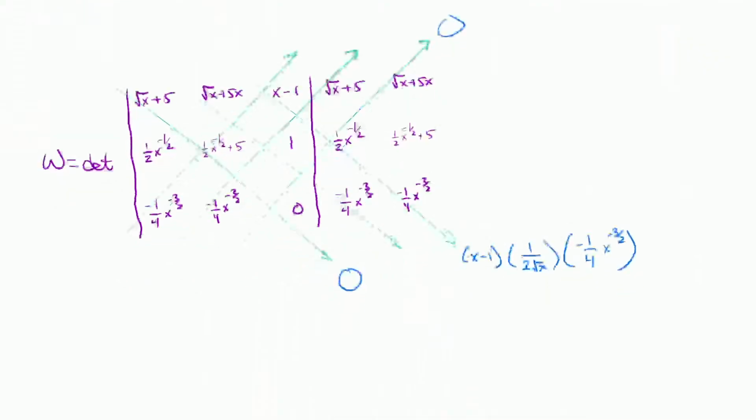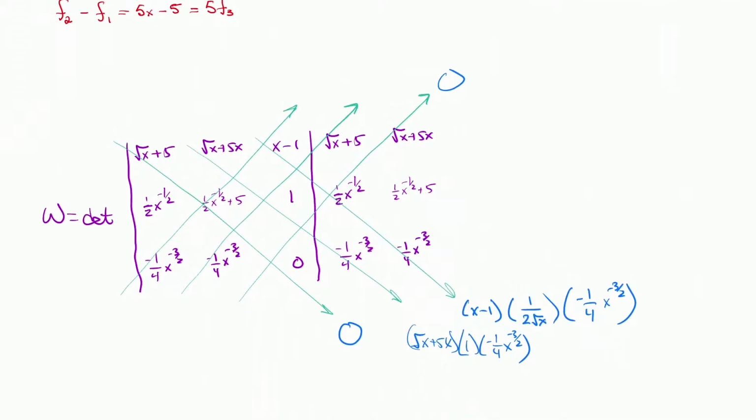Okay, that's great. And then this one's kind of ugly. This is going to be 1 times radical x plus 5x times 1 times negative 1/4 x to the negative 3/2. Okay, so those are the 2 down diagonals that are non-zero.